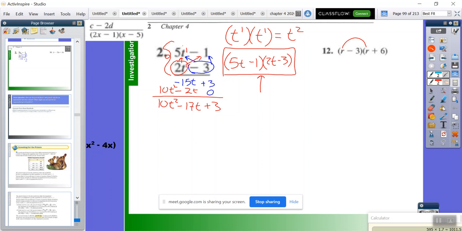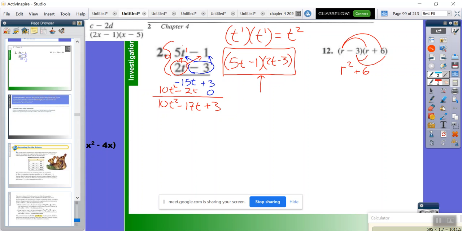The rainbows and the smiley faces just denote distribution. We're distributing these values, distributing the r to both terms inside the other parentheses. So what is r times r? R to the second. Yep. What is r times 6? 6r.